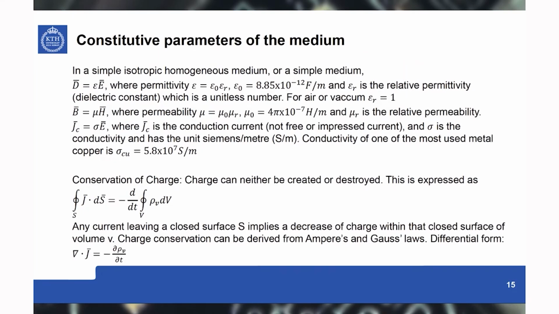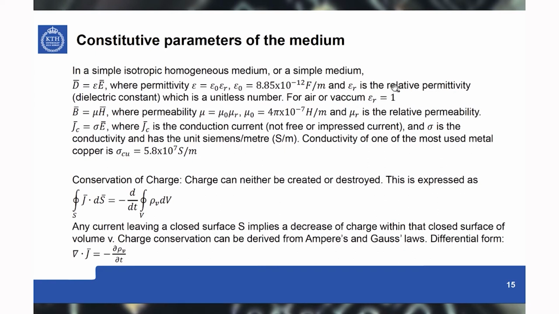Now look at the constitutive parameters of the medium. We have seen that briefly before, but again it is written out here for a simple isotropic homogeneous medium, or what we call a simple linear medium. Vector D equals epsilon times vector E, where the free space value of permittivity is given here with subscript epsilon 0.